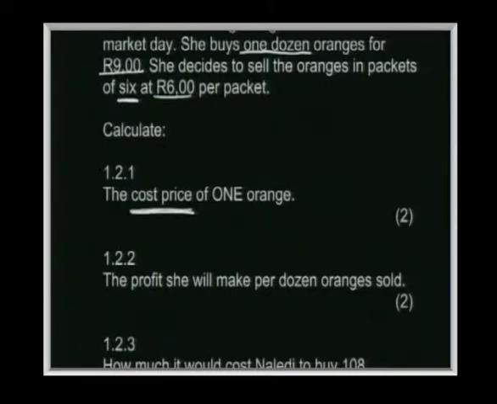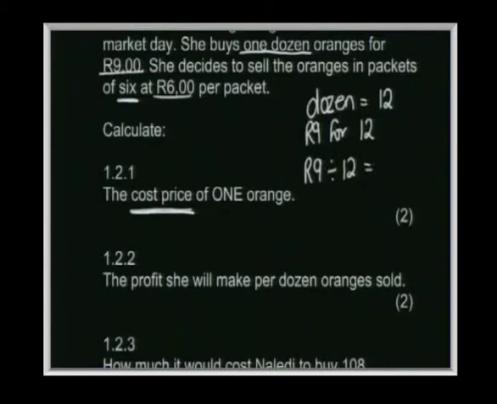She's got a dozen, and that's something that you should know, is equal to 12. And she bought them for 9 Rand. So basically 9 Rand for 12. So I need to split my 9 Rand into 12 parts. So I'm going to divide it by 12.